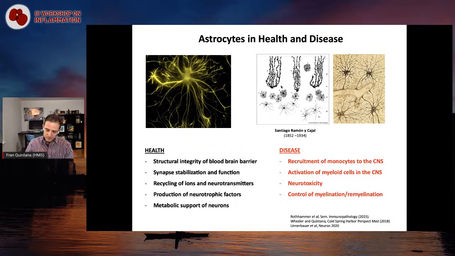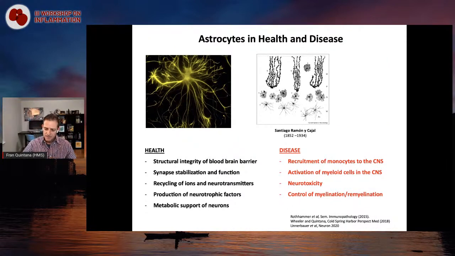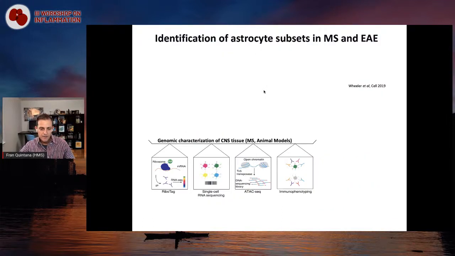So with that in mind, I will briefly summarize what we've done in the past. In particular, we implemented bulk and single cell technologies in order to identify novel subsets of astrocytes, both in MS clinical samples, basically in tissue from MS patients, but also in multiple preclinical models of MS, such as the EAE model in B6 mouse or in the NOD mouse strain.